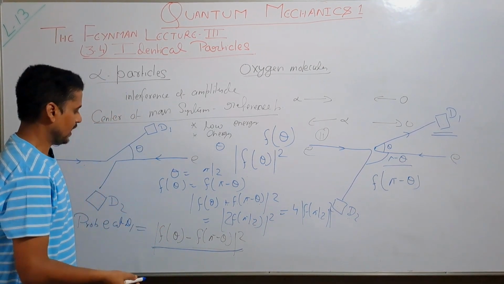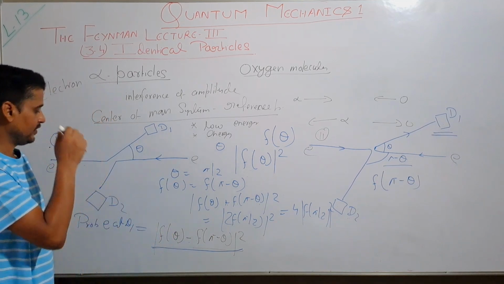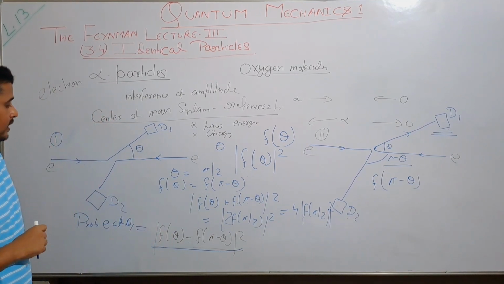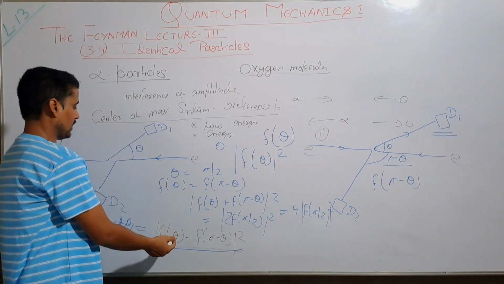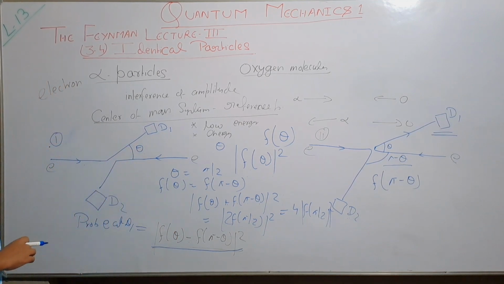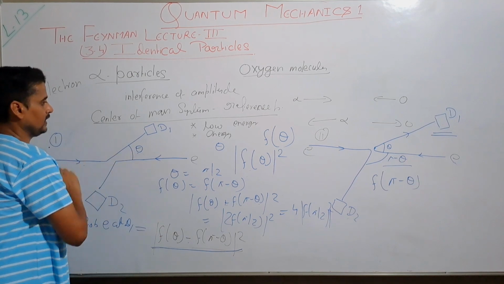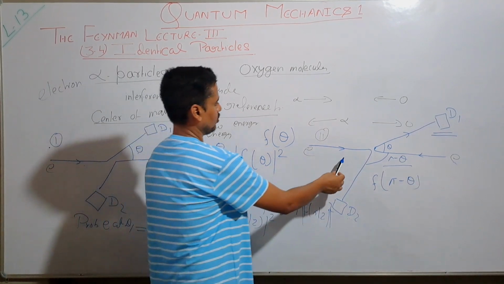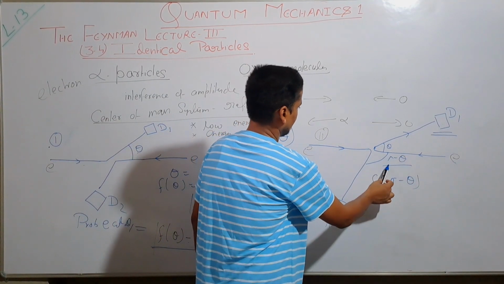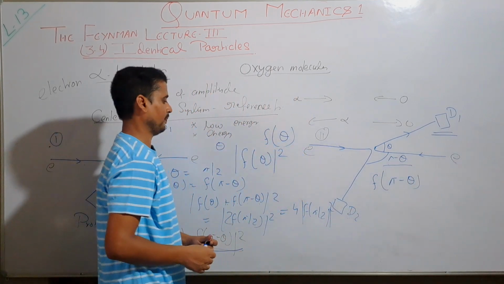Due to this we have to use the negative sign, because there can be two kinds of arrangement for this type of collision. In one event the electron is at angle theta, in another event the electron is at angle pi minus theta.